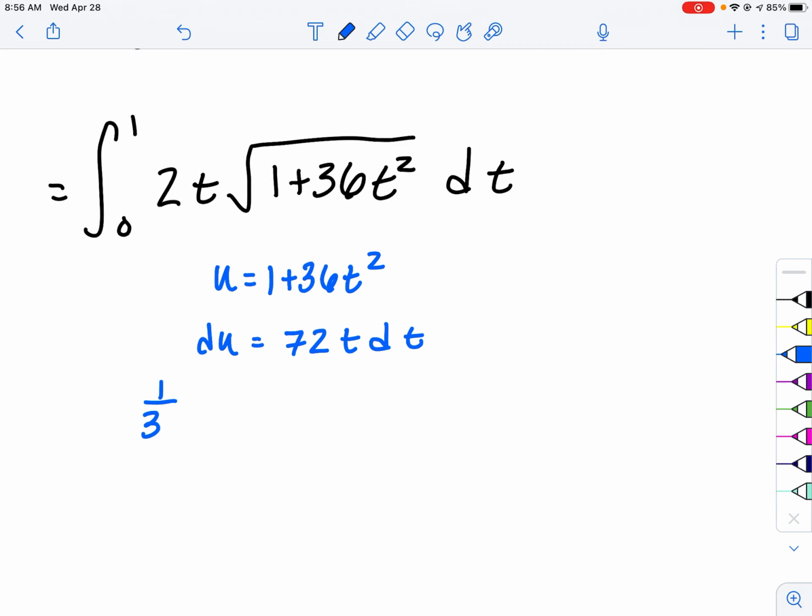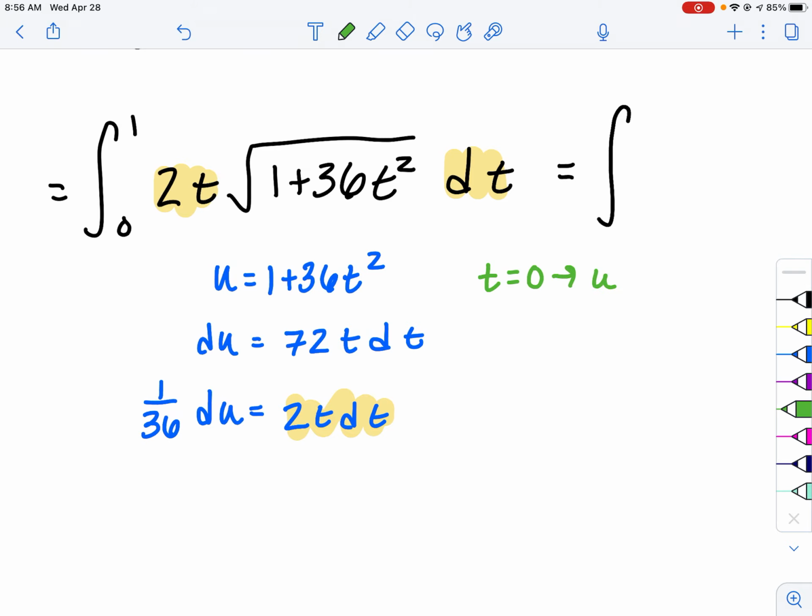If I divide that by 36, 1/36 du is going to equal 2t dt. So now I'm replacing that stuff with 1/36 du. If t is 0, that becomes u of 1, and if t equals 1, 1 plus 36 gives me 37.